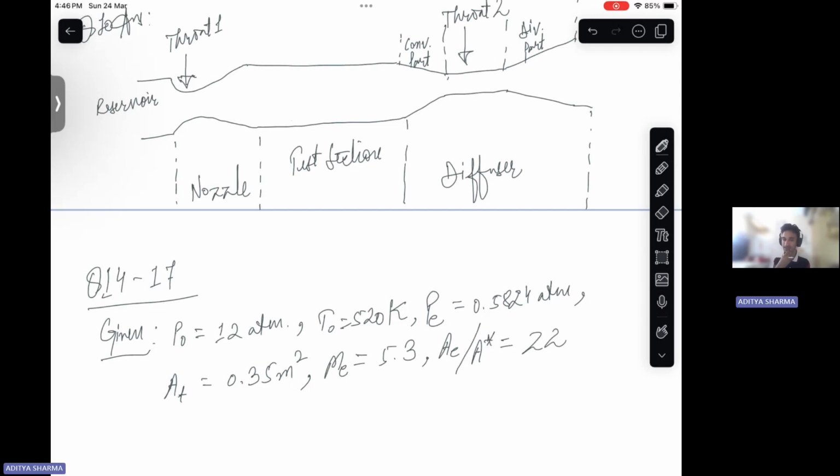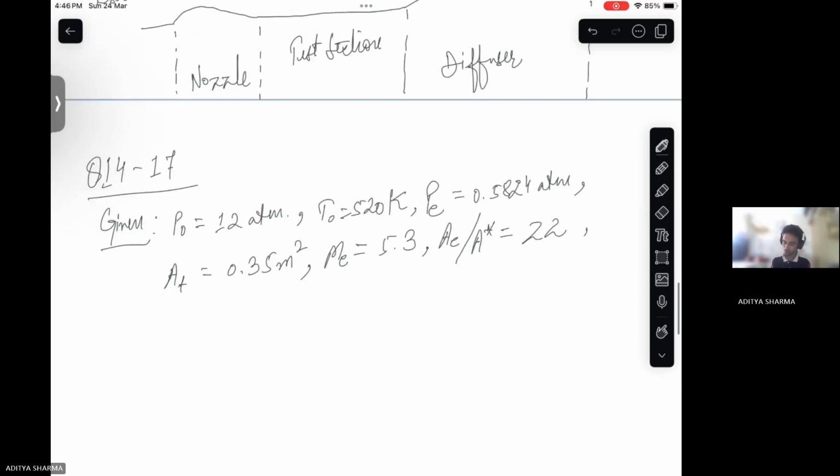Obviously, the exit area will be higher than the throat area, than any area for that matter, in a nozzle, right? Also, gamma is 1.4. I have not mentioned that in the question, but we'll take gamma as 1.4 for this question, right?